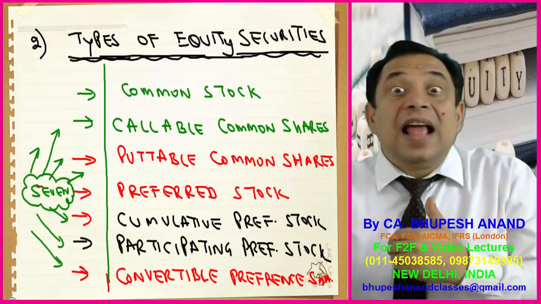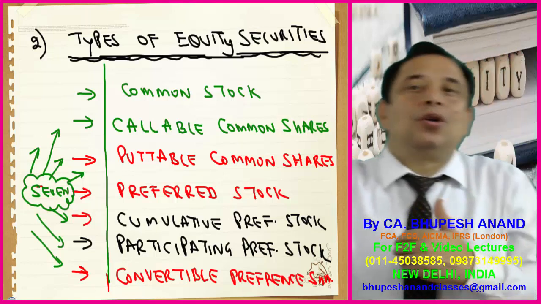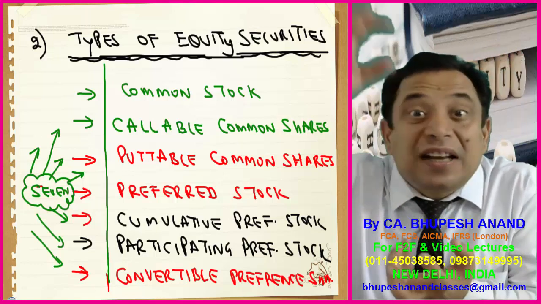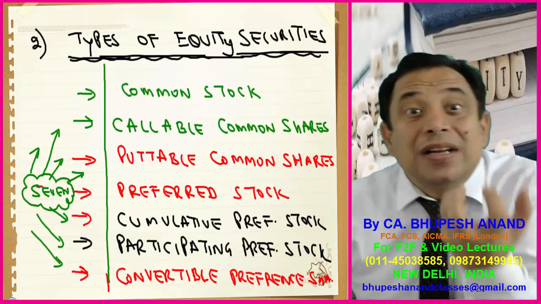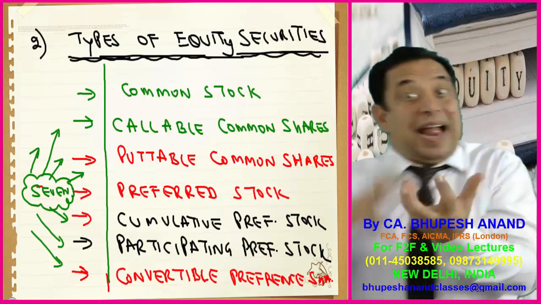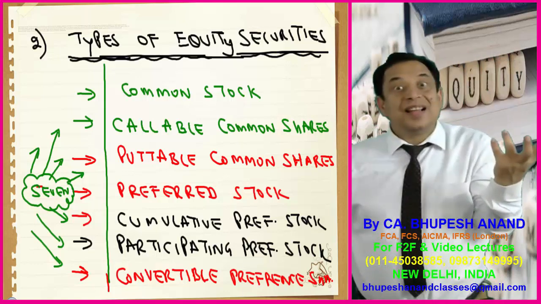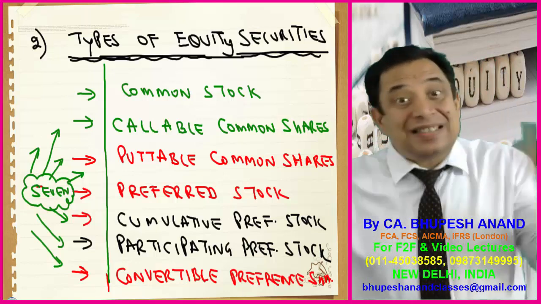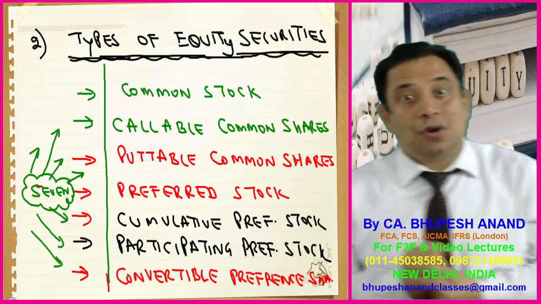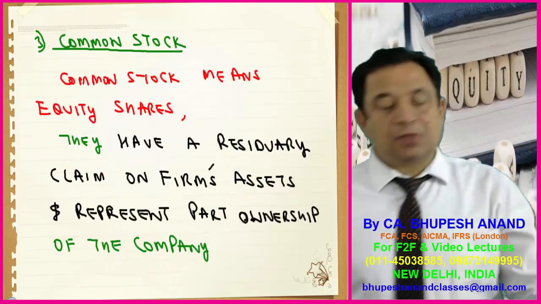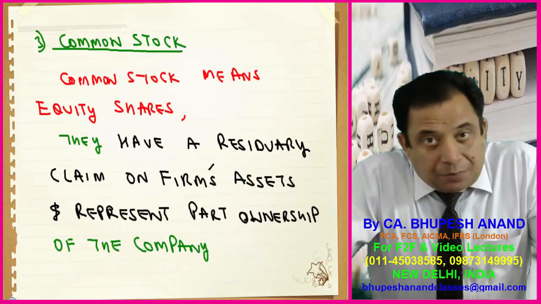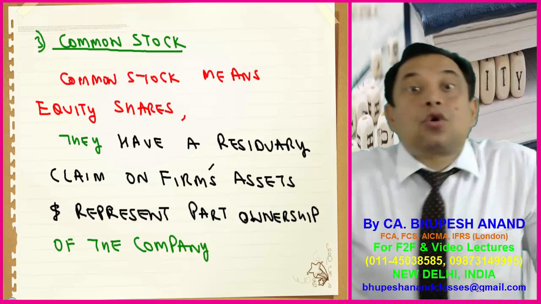It means even after paying preferred stock, the remaining part, the residuary claim, is given to equity holders. The rate of dividend is not fixed, and they have voting rights. So these are the features of a common stock. Please write down this first point: the first type of share which we are discussing is named common stock.